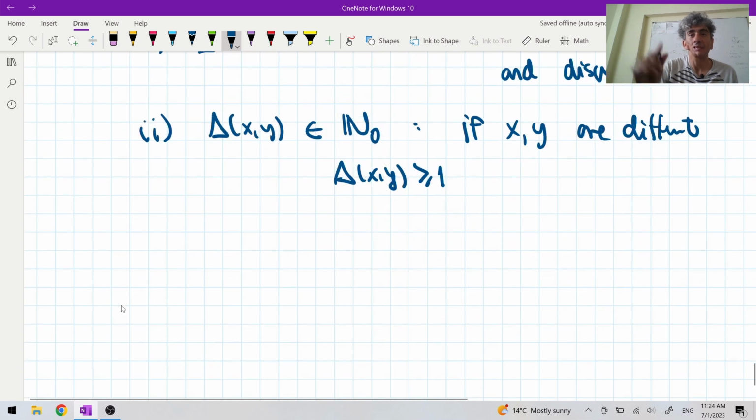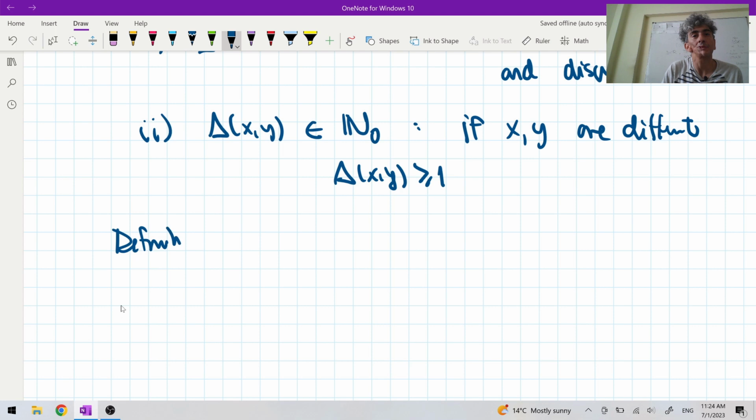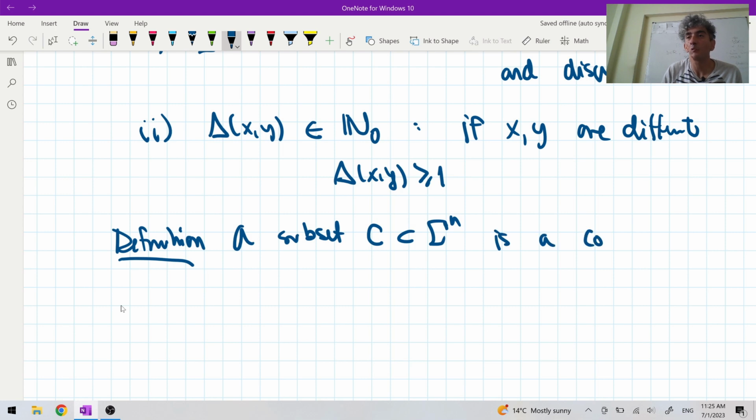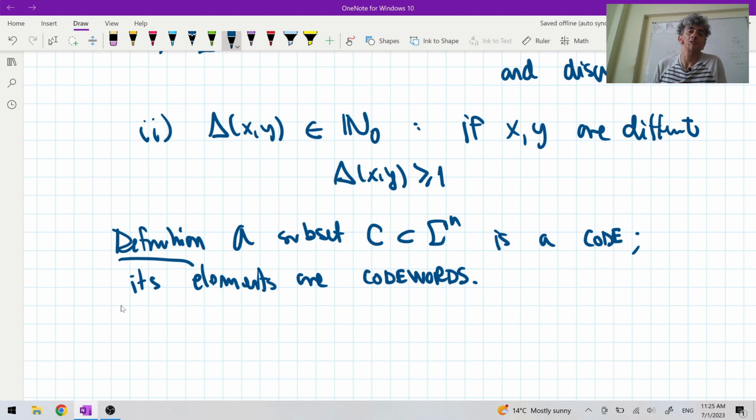So let's introduce the notion of a code. Definition: a subset C in sigma to the n is a code. Its elements are code words. So this is cryptographic jargon for a subset, okay?